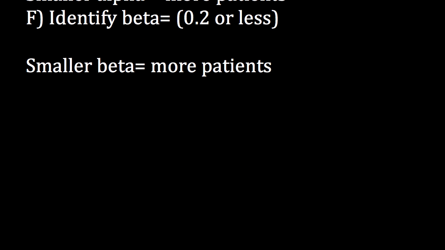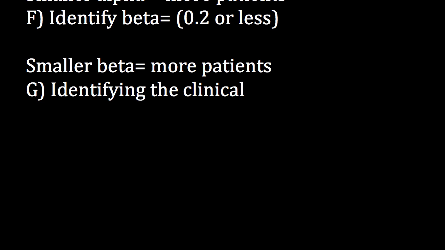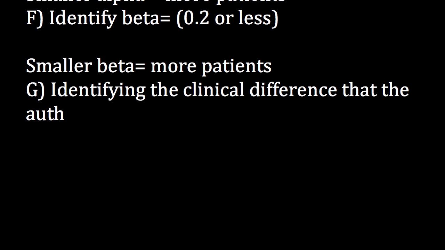The next part of the calculation is identifying the clinical difference that the authors are looking for. The authors choose this number by identifying what the minimum difference in outcome between treatment and placebo would be clinically.